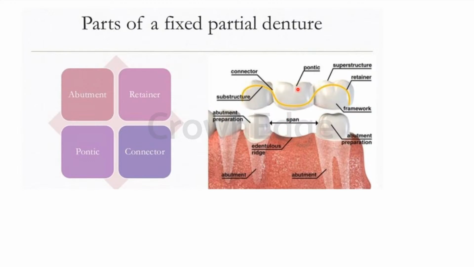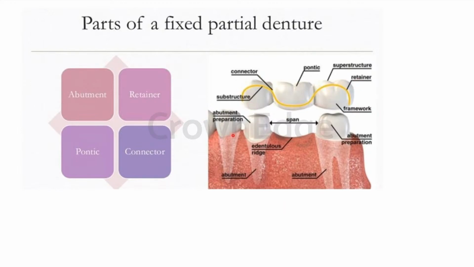The tooth which is going to be replaced, so, for example, here the molar is going to come and comfortably sit in this edentulous space, that is going to be referred to as the pontic, and the connection between your retainer and your pontic is going to be either rigid or non-rigid. Whenever it's a rigid-based connection, it's referred to as a rigid connector. Okay, so this is what you should basically understand with regards to a fixed partial denture. This is what it all involves, all right?